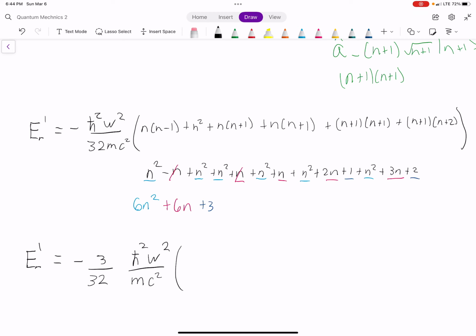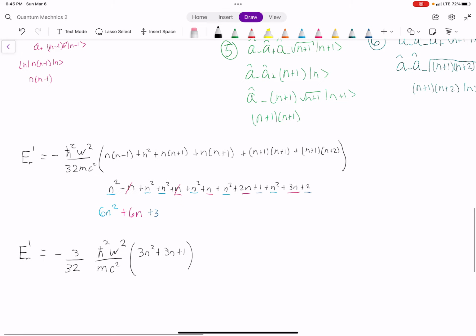And we factored out a 3, so it'll be 3n squared plus 3n plus 1. Suppose you could try to factor that if you wanted. I don't really want to right now. I think that's more than good enough. Okay? So, very tedious problem.